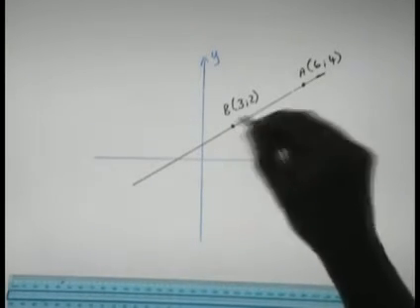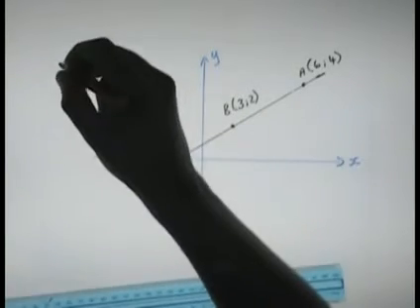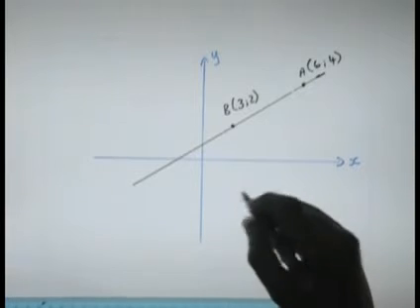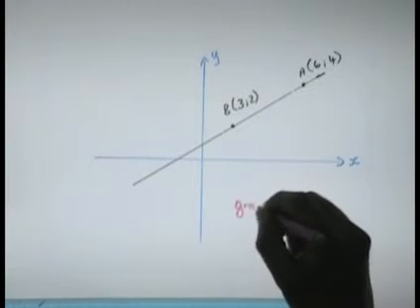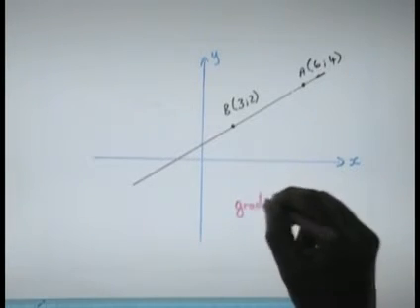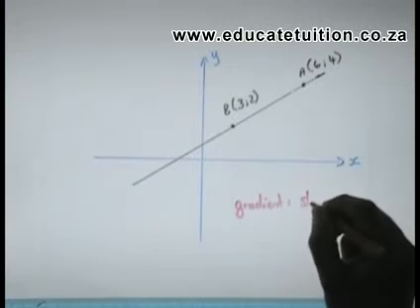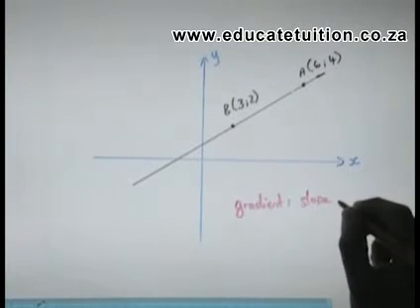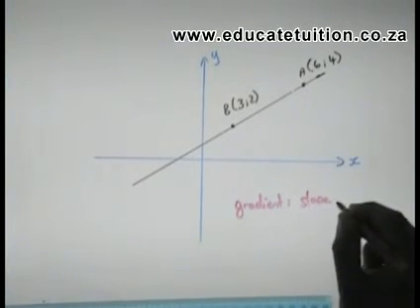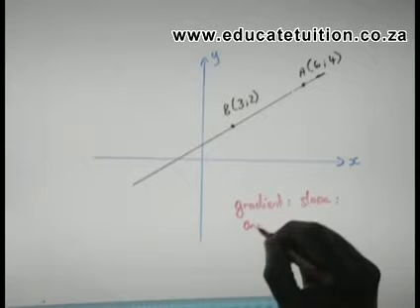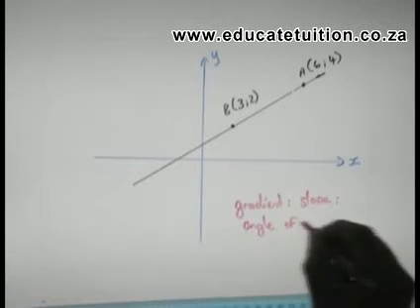Remember, the slope of the line is basically the angle of inclination. So let's go through a few definitions. Gradient is the same as the slope of a line, which is the same as the angle of inclination.